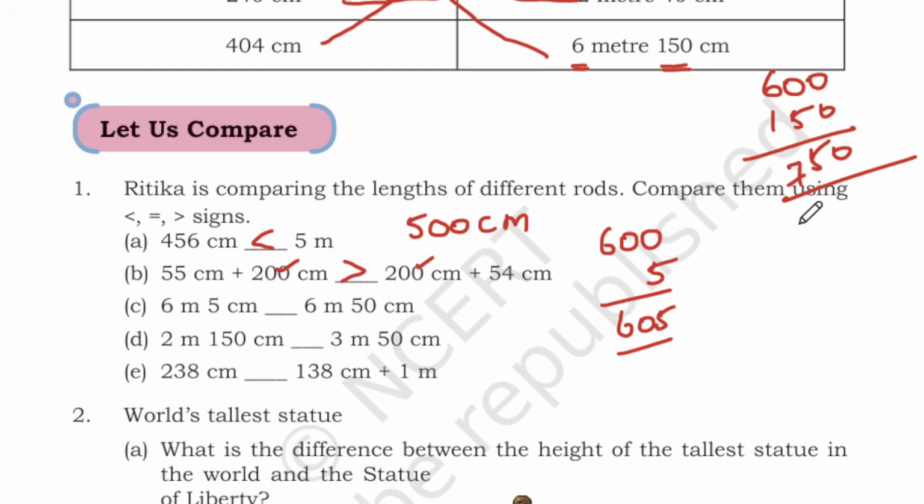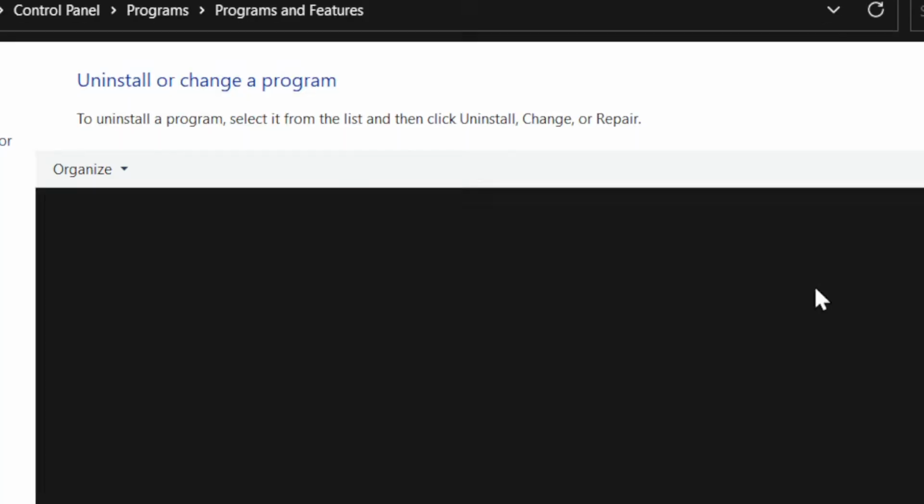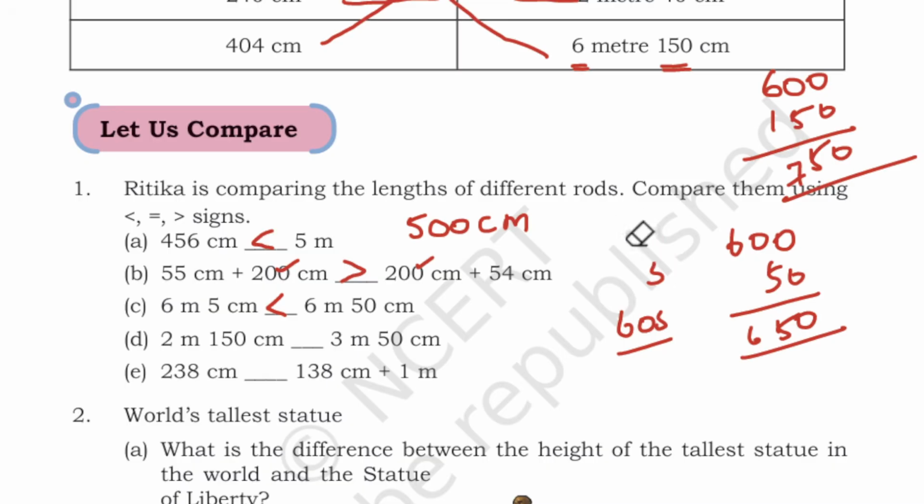So next we have 6 meter and 50 centimeter. So this is 600 and 50 centimeter, so the 650. So this one is greater. Okay, next you have 2 meters plus 150 centimeter. I'll erase this.